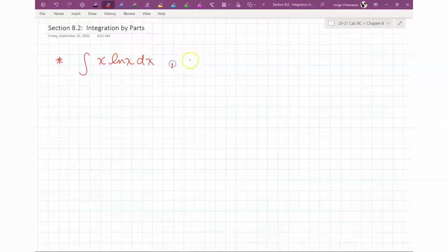Or maybe integrating x e to the x dx? Or maybe something like the integral of e to the x sine of x dx. All right, so you can't do a u substitution for these.